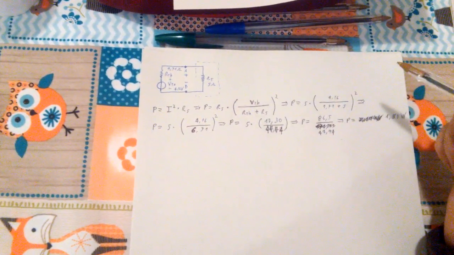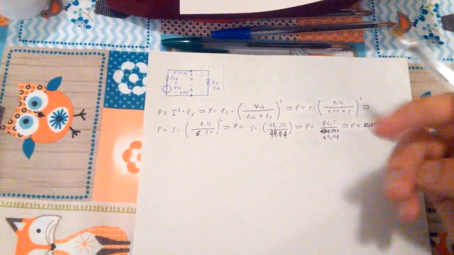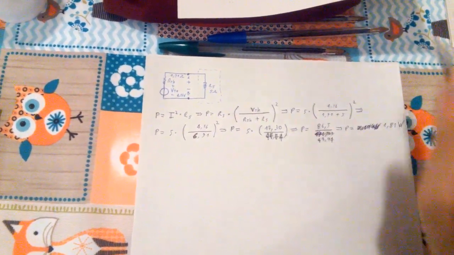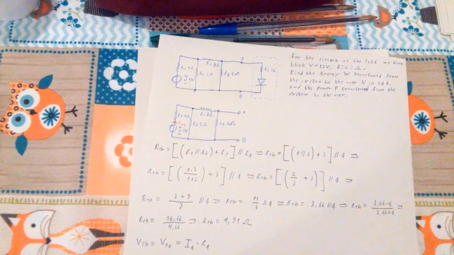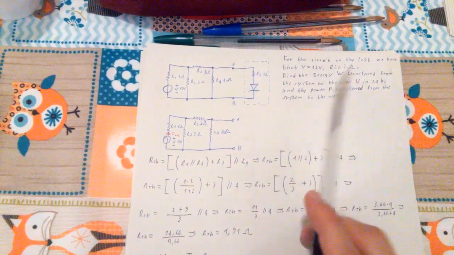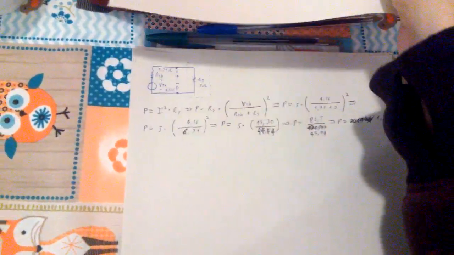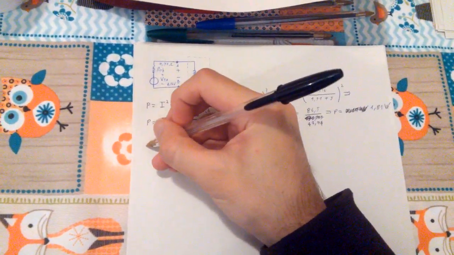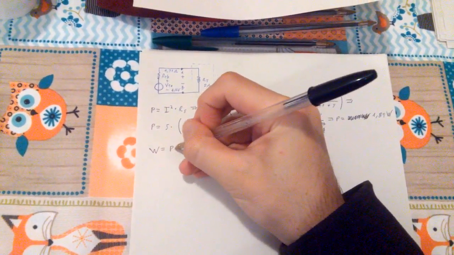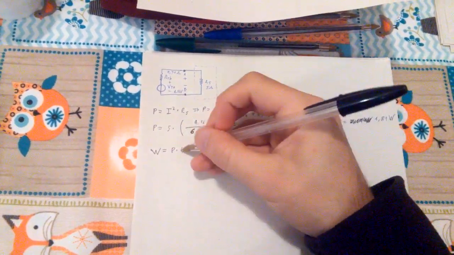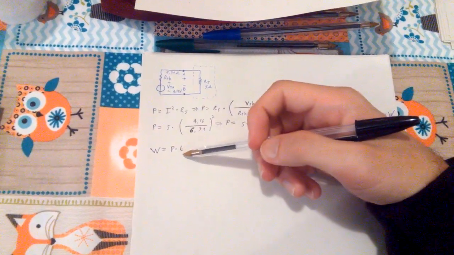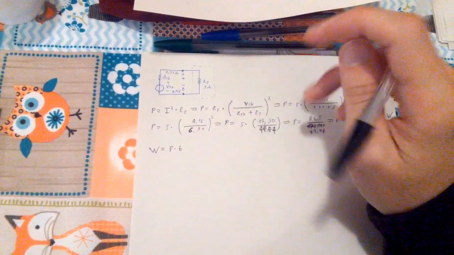So we are more than halfway, we're almost over, because we have found the power. And the other thing that the problem was asking us to find is the energy transfer. So the energy, which we're going to call W, is actually P times T. So basically the power transfer over the time, which is 24 hours.